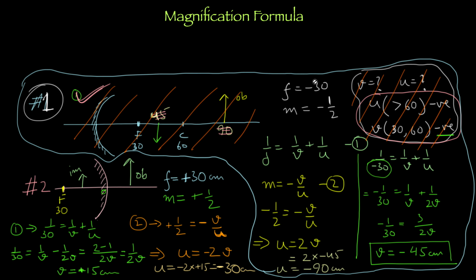An ant is walking along the principal axis of a concave mirror of focal length 20. The ant walks from 45 centimeter mark to 55 centimeter mark in 1 minute. What is the average speed of the image of the ant? Can somebody tell me how will you do it?